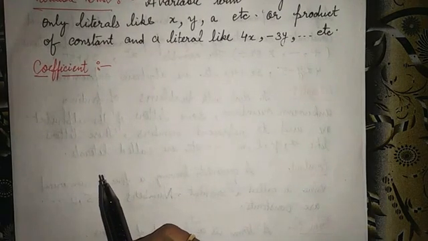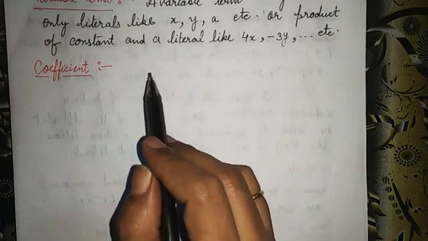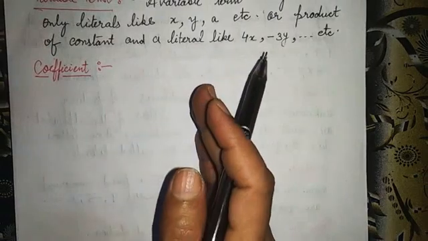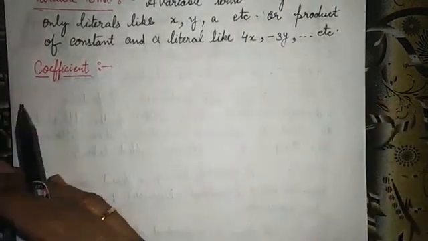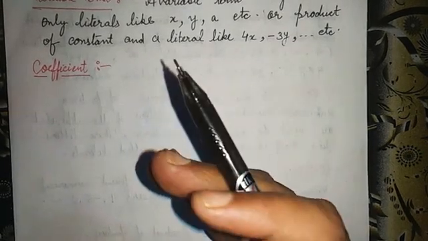Now I will tell you about coefficient. Children, in an algebraic expression, coefficient is either a numerical factor, an algebraic factor, or the product of two or more factors.